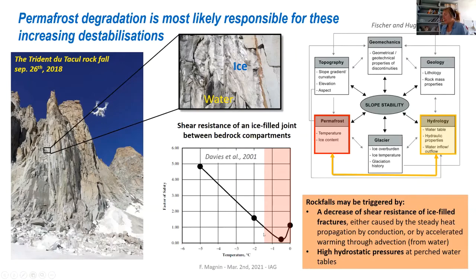And we see here that above minus 1.5 degrees Celsius, this is becoming critically unstable. Then these ice-filled fractures might be altered either by the slow heat conduction from the surface to depth or by enhanced warming caused by water infiltration in the fractures. And the second hypothesis is, as I said, that this water infiltration can also create high hydrostatic pressures.